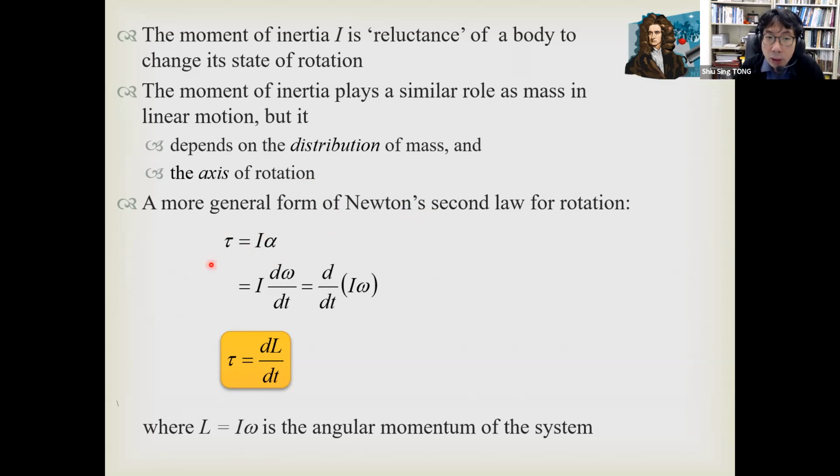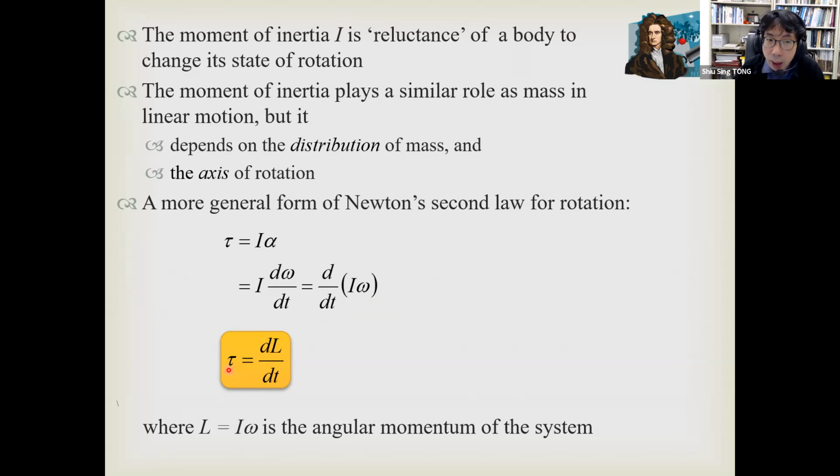Now Newton's law of rotation is torque equal to I alpha, tau equal to I alpha. And if I write alpha as d omega dt, the angular acceleration is the rate of change of the angular velocity. And if I assume I to be a constant and put it inside the derivative, I can identify the combination I omega as the angular momentum.